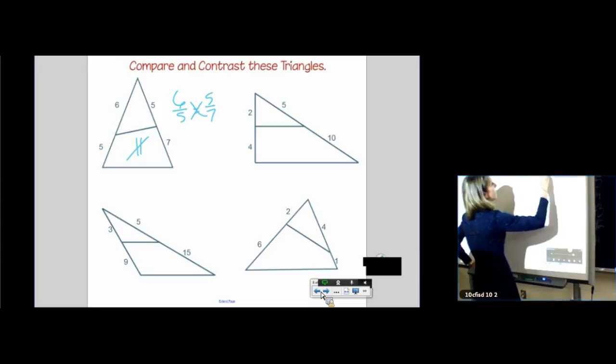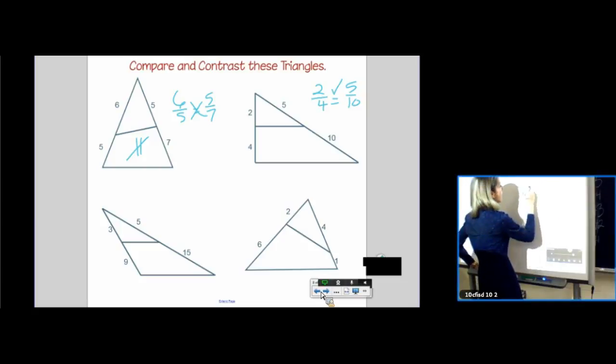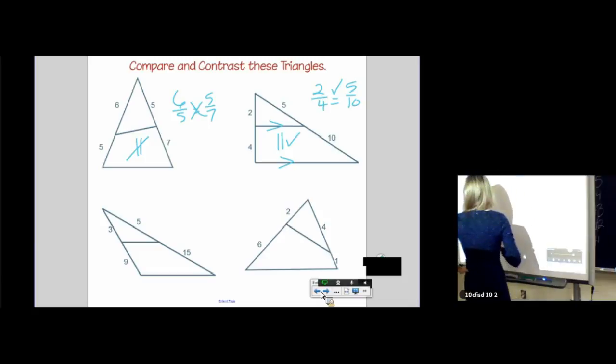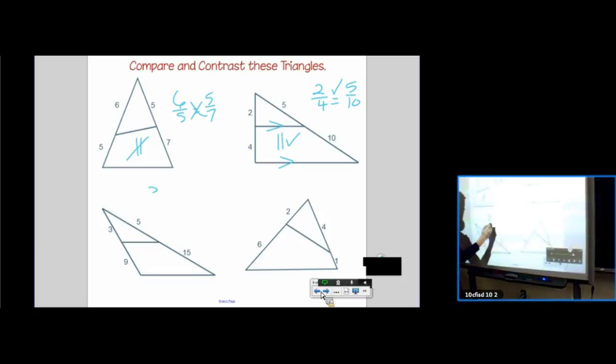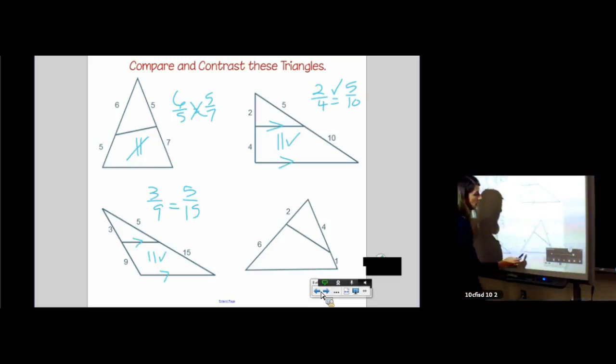What about here? 2 is to 4 as 5 is to 10. Well, that is a true statement. So these are parallel. 3 is to 9 as 5 is to 15. Well, 3 times 3 is 9, 5 times 3 is 15. So these are parallel. Last one.